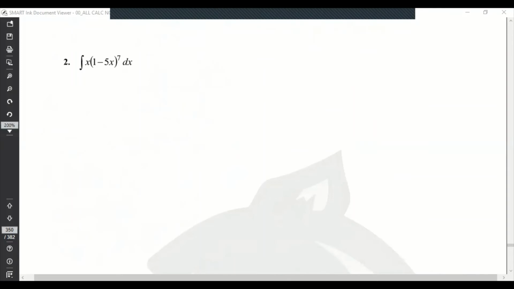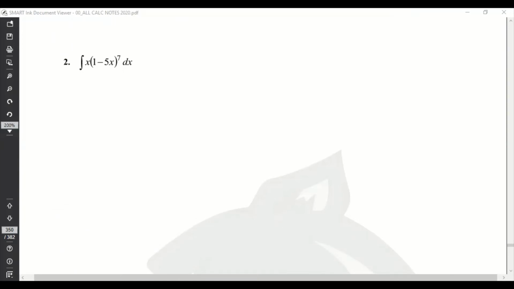So in question number 2, often what we're going to look for is the fact that u is going to differentiate away. If it gets a lot simpler that way, that makes us happy. So if u is just equal to this term of x, then du is equal to dx. dv will end up being the other piece of this.